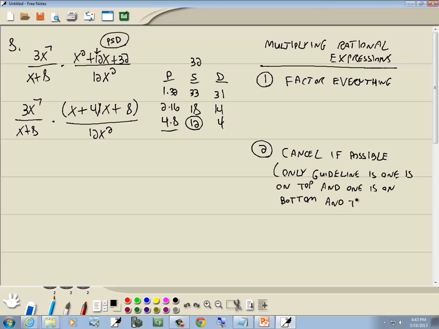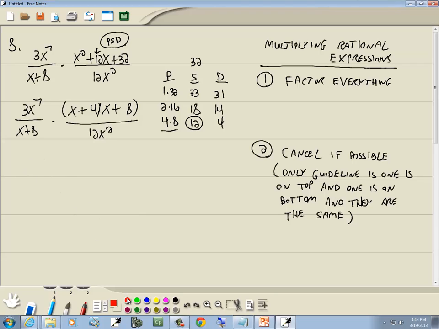And they are the same. Now we're going to handle numbers and x to a power just like we did before. But the only guideline is 1's on top and 1's on the bottom. They don't have to be in the same fraction. They can be, but don't have to be. And they're the same.